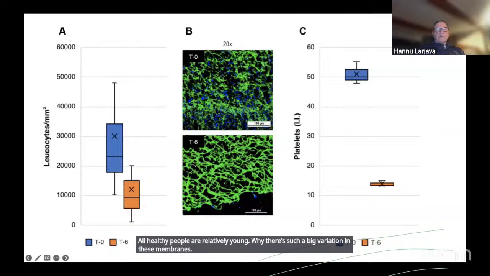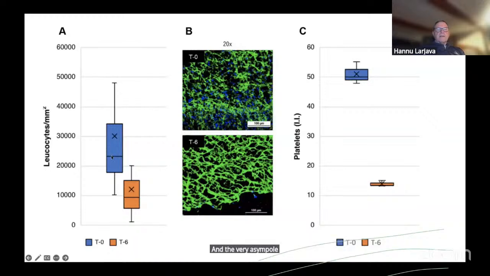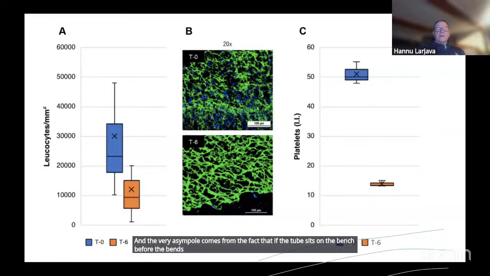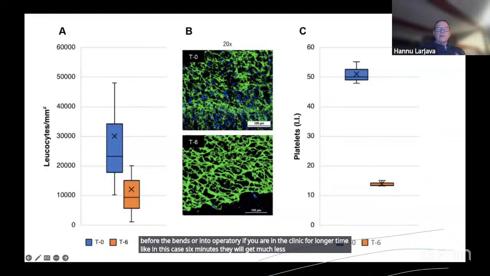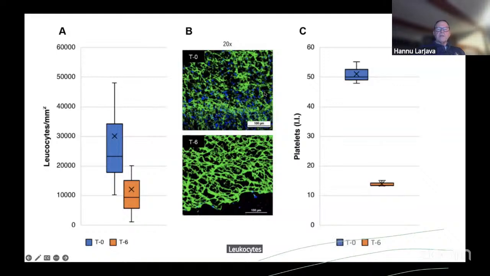And the variation probably comes from the fact that if the tube sits on the bench or in the operatory, if you are in the clinic for a longer time, like in this case 6 minutes, we will get much less leukocytes into the membrane. So this is the cell-rich area. So these membranes are not even.